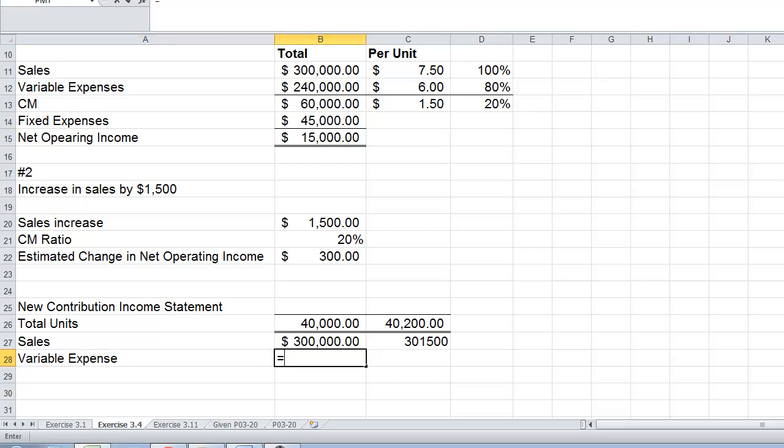And this times our selling price. Expenses. So we're taking the variable expense per unit times the number of units, and that's getting our variable expenses.